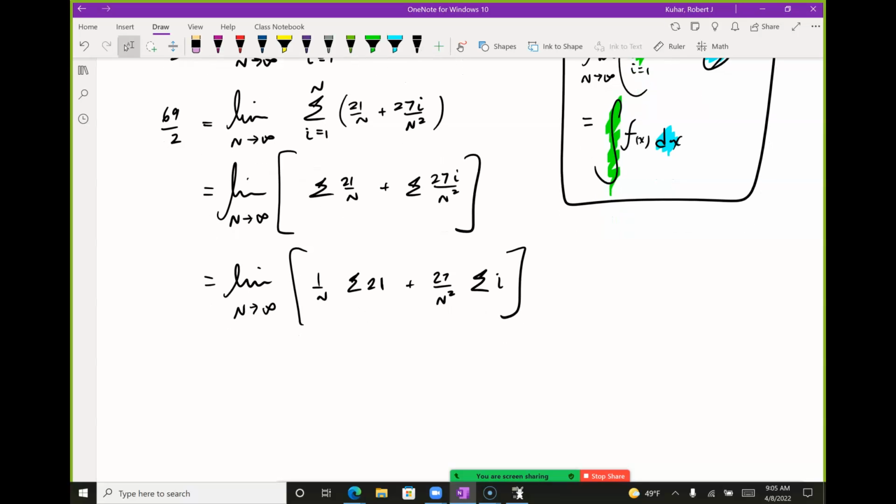But I have a series for the sum of 21, right? If I add up 21 n times, I get 21n. And if I add up i n times, if I add up my indices, I get n times n plus 1 all over 2.